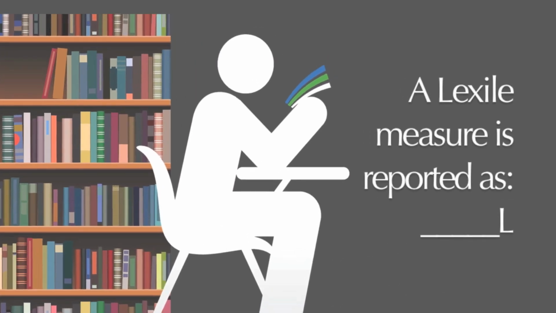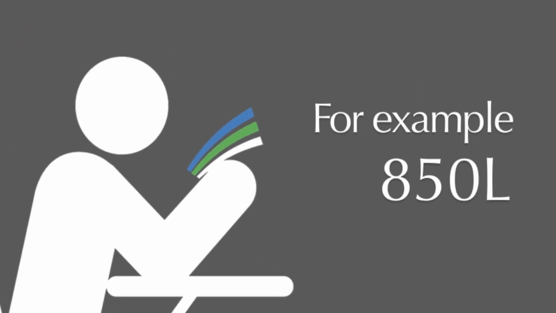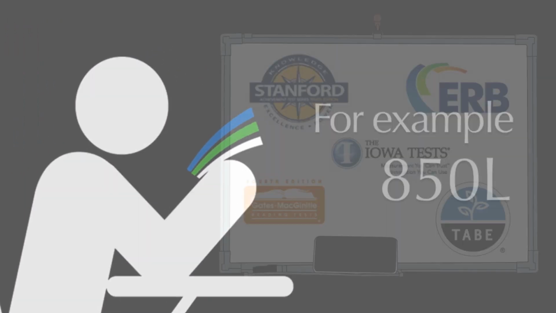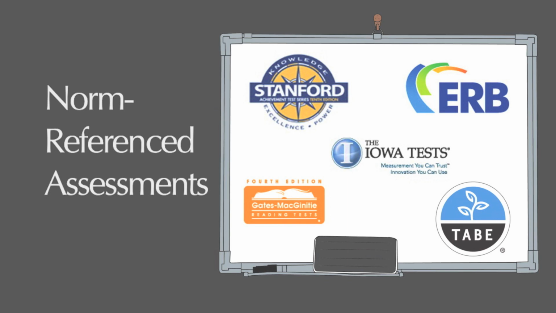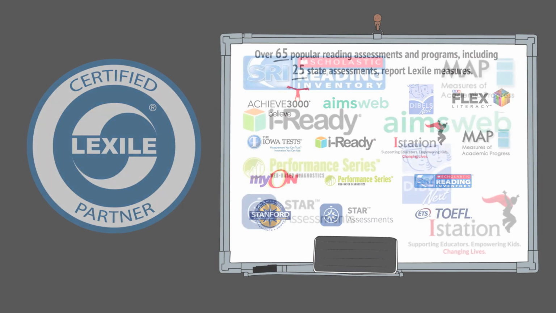A Lexile measure is reported as a simple number followed by an L, for example, 850L. Here are just some of the norm-referenced assessments that report out in Lexile measures. Others can be found on lexile.com. If you are utilizing one of our many partner products, you are already receiving a Lexile measure for your students.